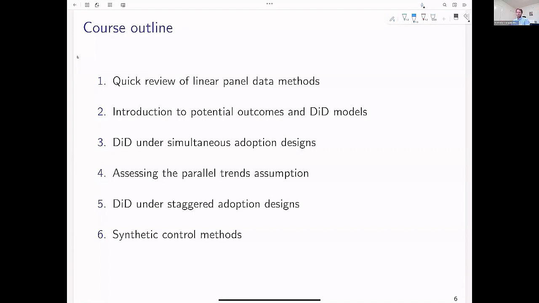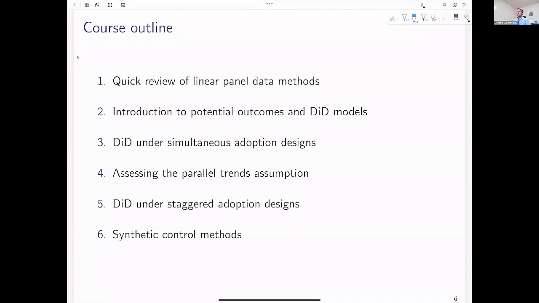For each group, we observe outcomes over time before and after a policy change or the introduction of a treatment. Then we're going to use this type of variation to try to identify the effect of this intervention. In part 3, we're going to discuss the easy case in which all the treated units receive the treatment at the same time. That is what we call a simultaneous adoption design.